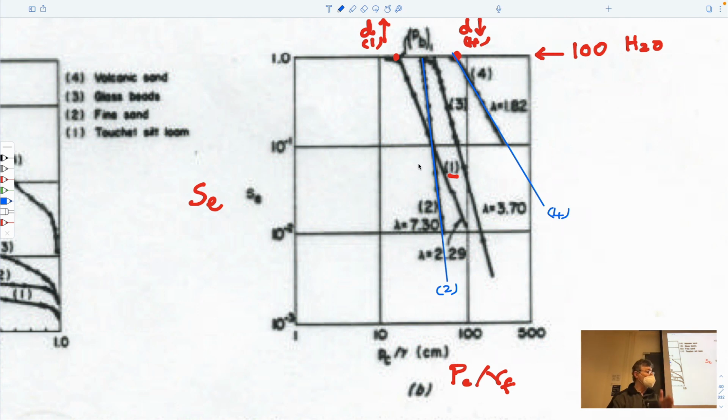It's vertical, so it means as soon as it invades the biggest pore, it invades all the pores in the system. So this would be uniform pore size.